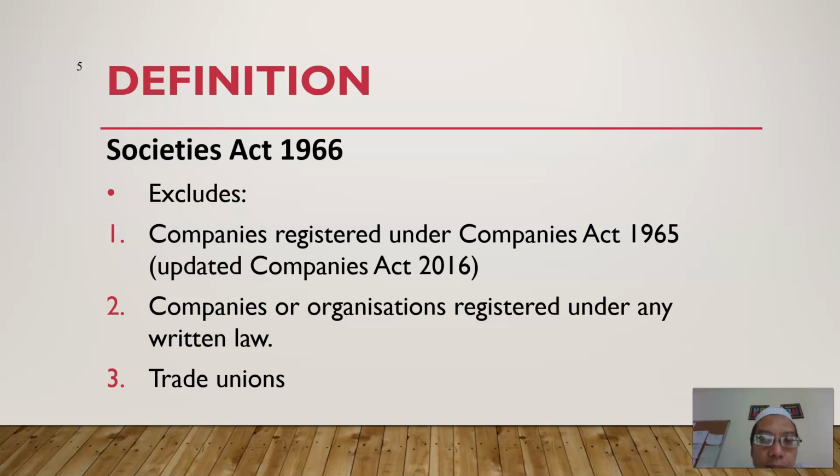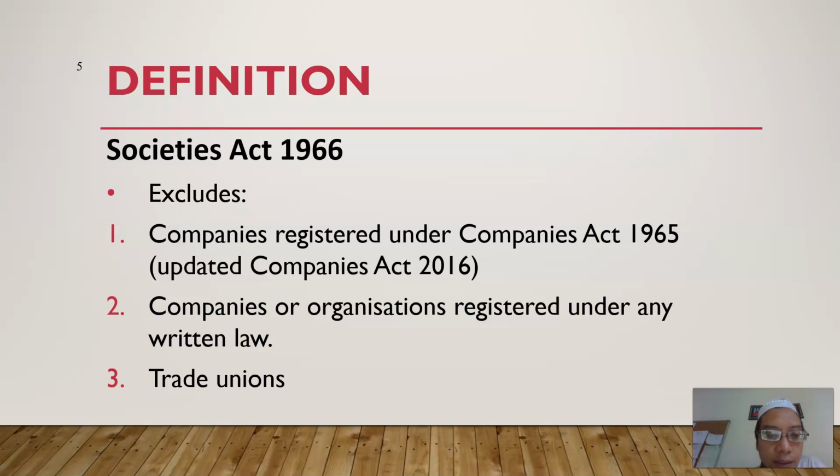Companies registered under the Companies Act 1965 are not regarded as non-profit; they will be profit organizations as recognized by the Companies Act. And then there are companies or organizations registered under any other written law. If an organization is registered under a different law, then it is not categorized as a non-profit organization.